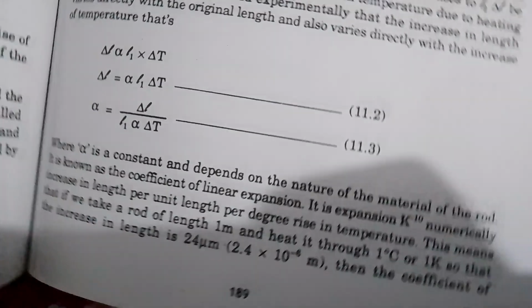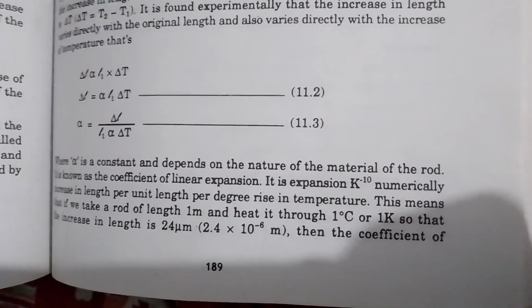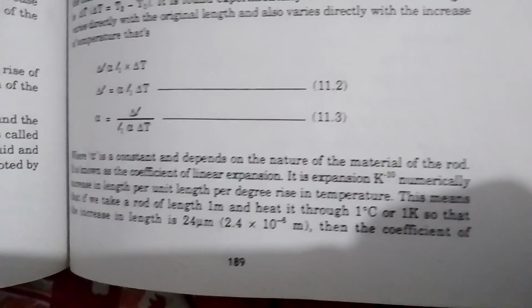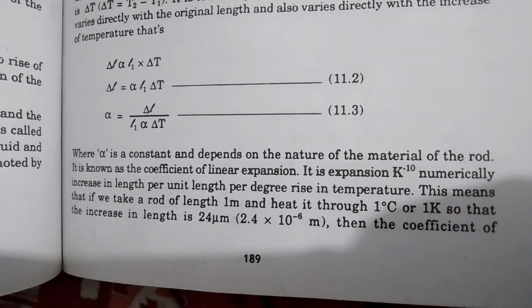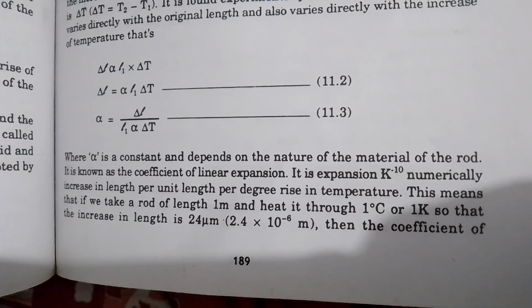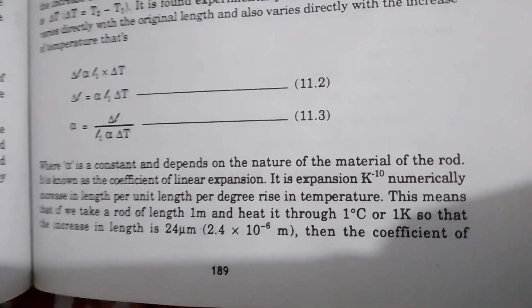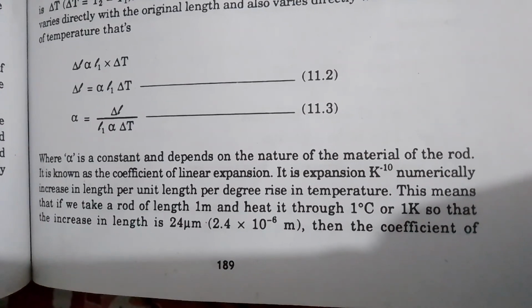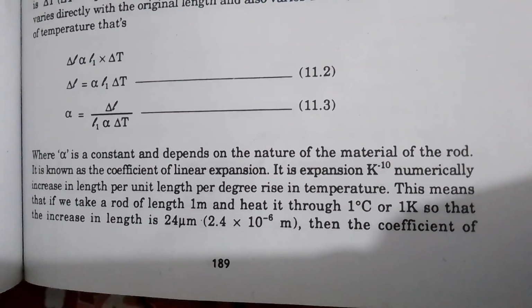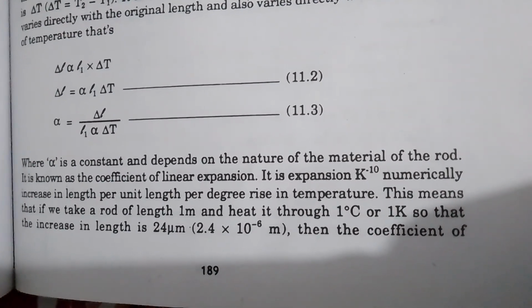That is, ΔL = A L ΔT, where A is a constant and depends on the nature of the material of the rod. It is known as the coefficient of linear expansion. It is numerically the increase in length per unit length per degree rise in temperature.